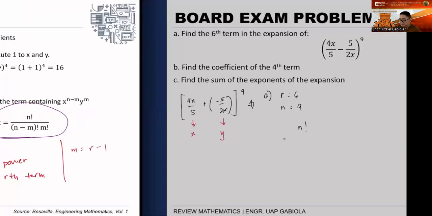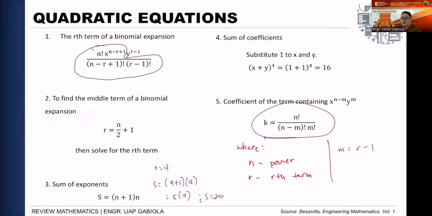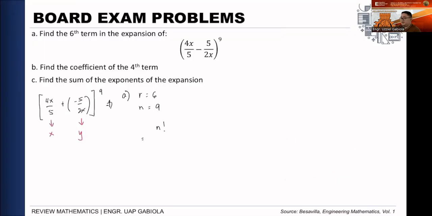So let's go back here, our number 1: n factorial times x^(n-r+1) y^(r-1) all over (n-r+1) factorial and then (r-1) factorial.